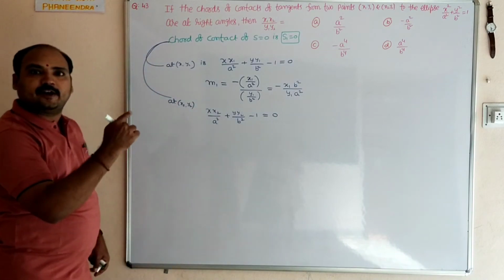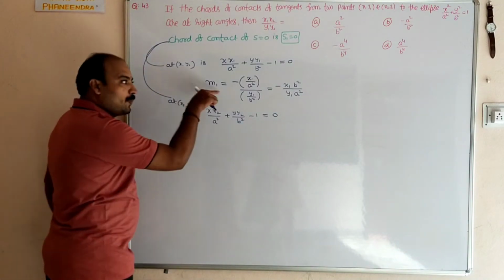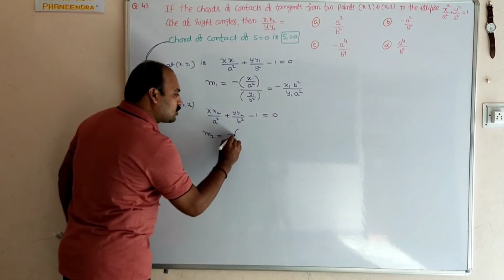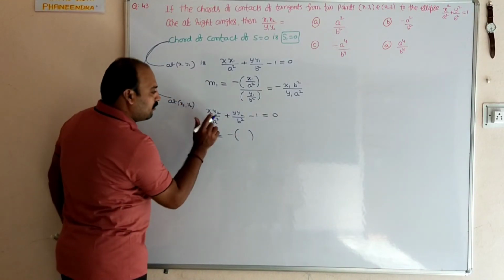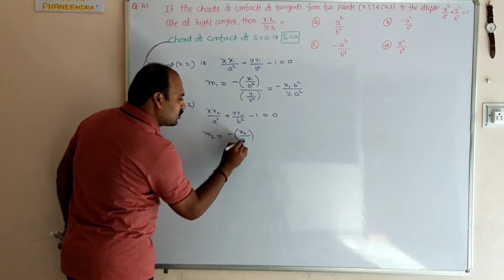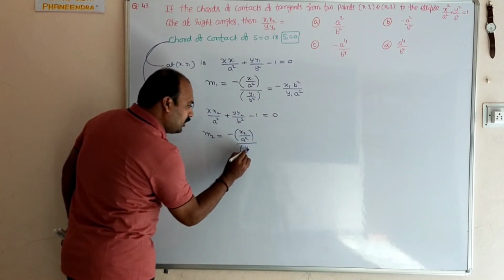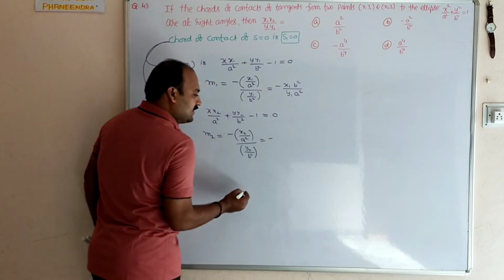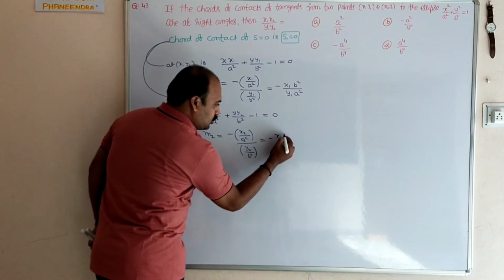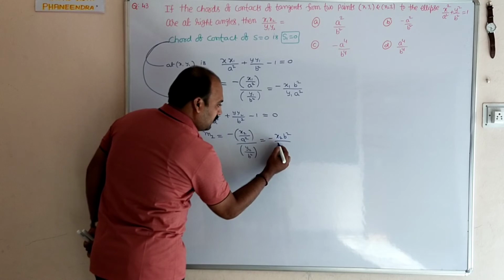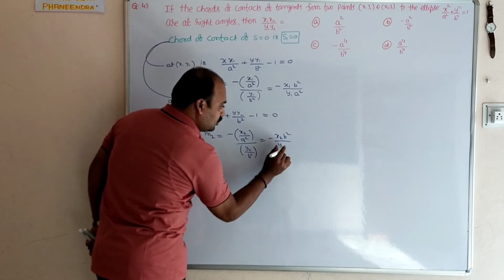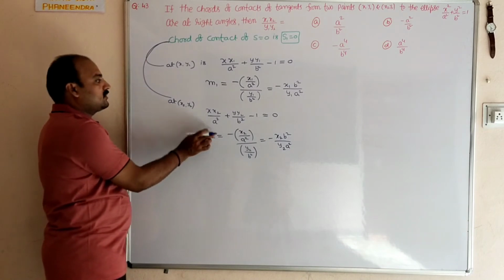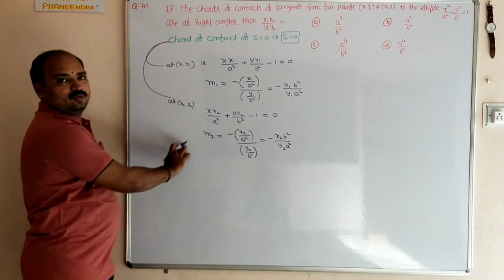For the slope of this one, m2 equals minus x coefficient by y coefficient, minus (x2 by a square) by (y2 by b square), which is equal to minus x2 b square divided by y2 a square. This is the slope of the chord of contact at (x2, y2).